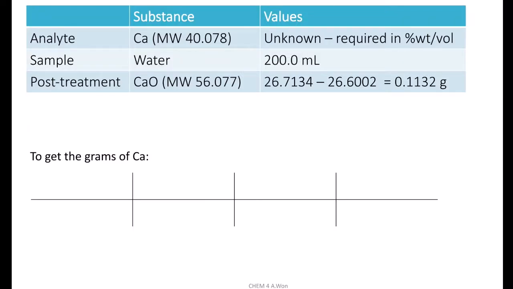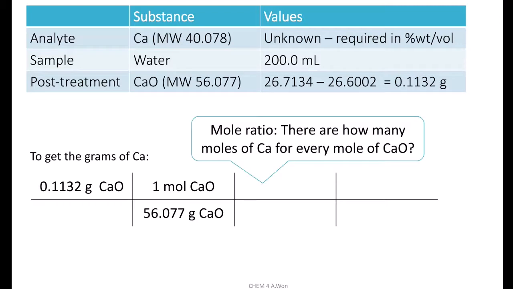Now, to get the grams of calcium from the grams of calcium oxide, let us take out this grid. Then, let's fill it out. Given the mass of calcium oxide, let's just write it there. Then, we must convert it to moles using the molar weight. And then, the mole ratio of calcium and calcium oxide.